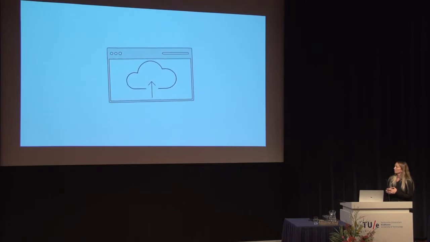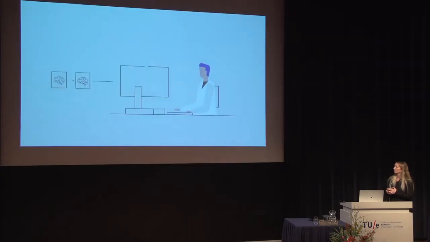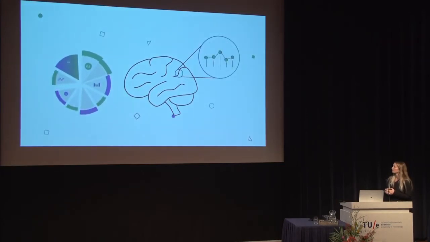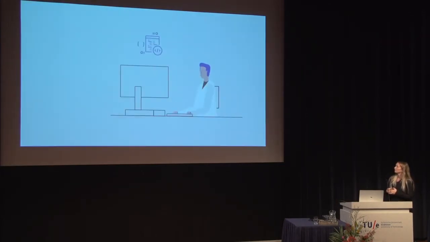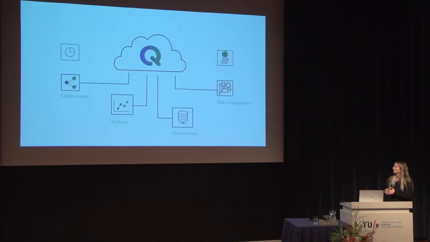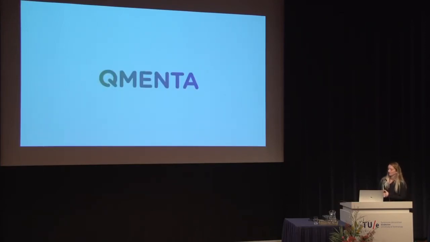You can drag and drop your data right into the browser. Most importantly, Qmenta provides state-of-the-art image processing tools to derive quantitative information from neuroimages with just one click. The tools enable you to quantify changes and gain a deeper understanding of the brain and its diseases. Our SDK even allows experts to develop and share their own tools to run on our cloud system. Using our cloud platform saves you time and money by streamlining your data storage and management, analysis, and collaboration. Qmenta offers an all-in-one solution from imaging to insight for any neuroimaging project, big or small. Visit our website and try the Qmenta platform for free.